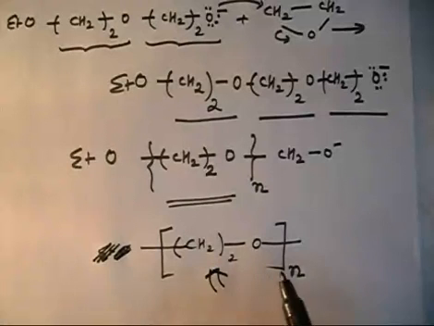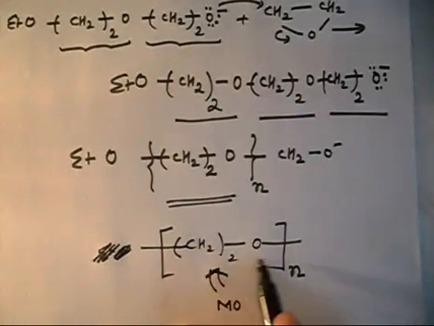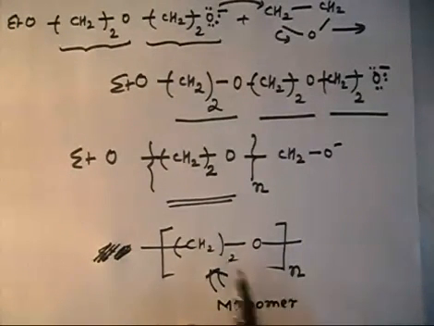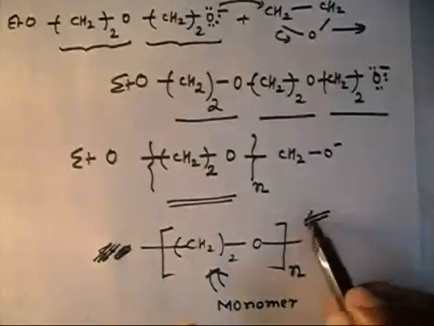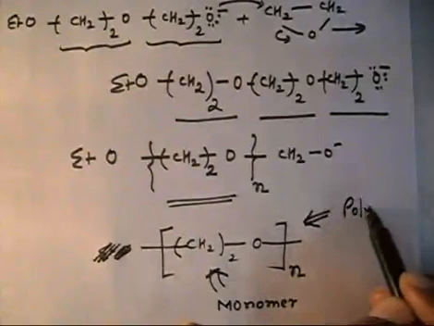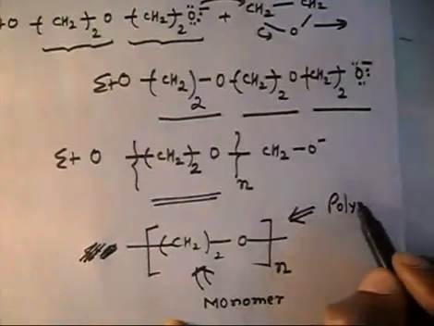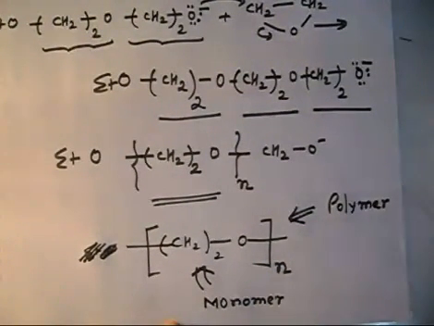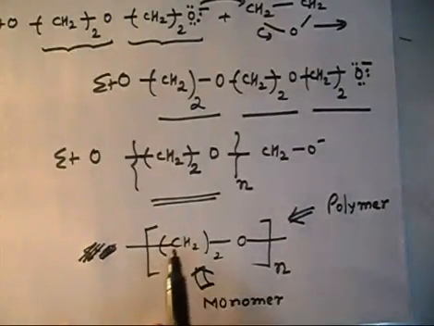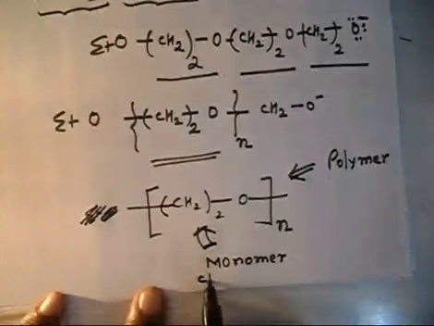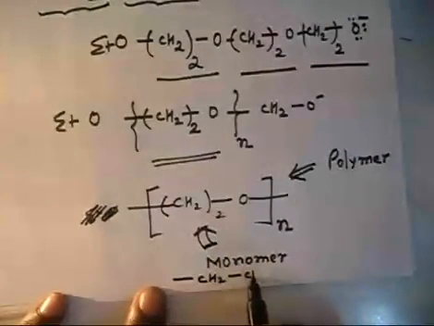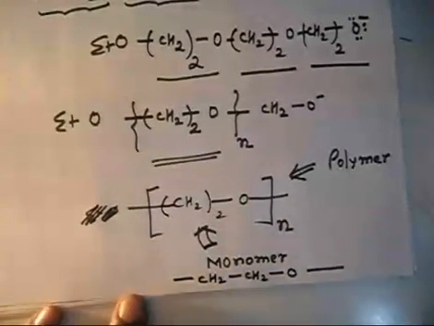If you repeat the same thing n times, you get the polymer, so that is a polyether in this case. If you simply want to call CH2 whole twice O something, it is called the monomer. So the formula of the monomer is CH2CH2O.